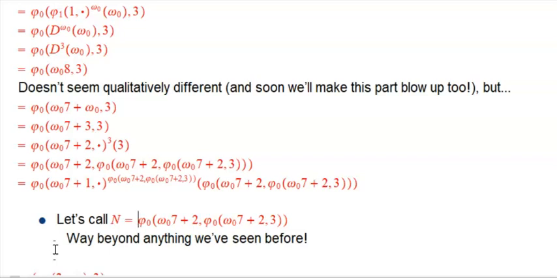Really important to recognize that that is way beyond anything we've ever seen before. We were just barely scratching the surface of what happens when that's an omega naught 4 and just putting in 2 into it. Now we've ratcheted up to omega naught 7 plus 2, and we're inputting that same number. So we're doing this twice with original input 3. If we were sane, we would stop and just say, whoa, whoa, whoa, whoa.